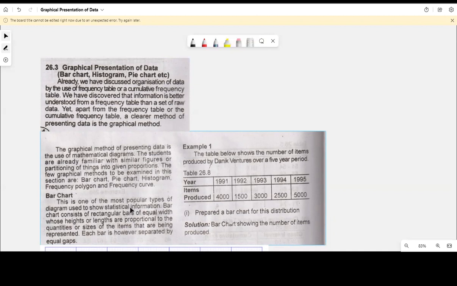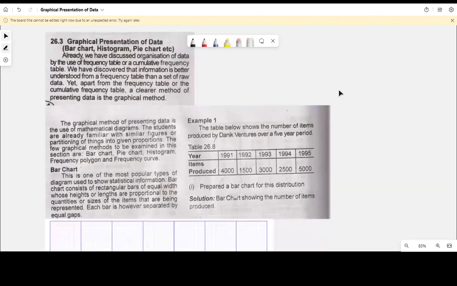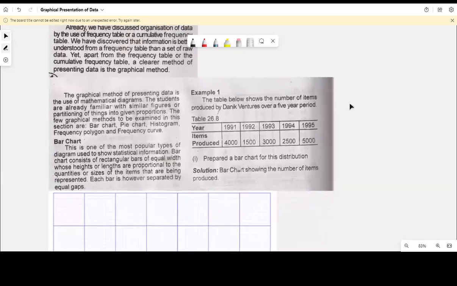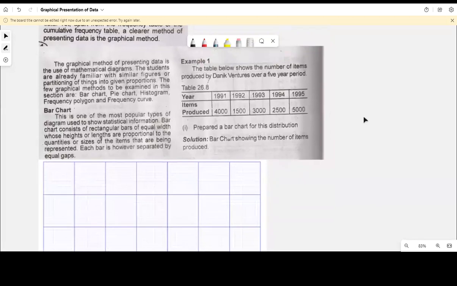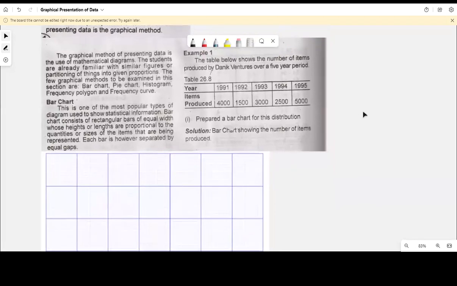It consists of rectangular bars of equal width whose heights or lengths are proportional to the quantities or size of the items that are being represented. So in drawing the bar chart, the height of the bar is proportional to the quantity being represented. We normally make use of rectangular bars to represent data. That is why the name bar chart.